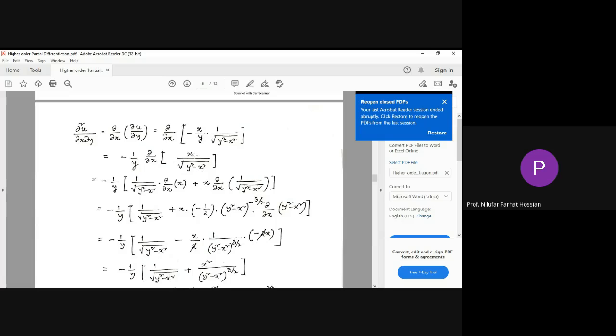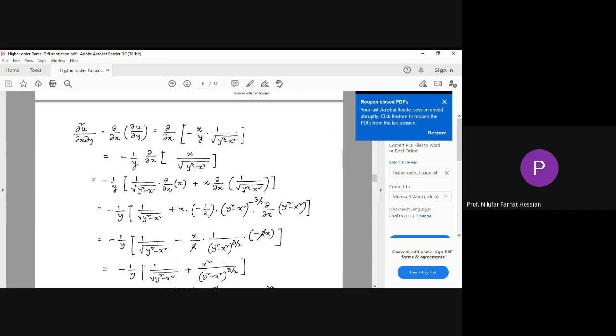So you see the upper part contains x and the lower part also contains x. But this x cannot be separated because this whole thing is under the square root. So you have to perform the differentiation in the quotient form, u by v form. So let us keep this minus 1 over y outside this bracket and perform it.